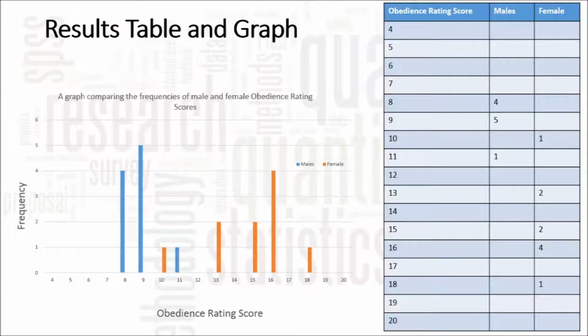We've got females as orange and males as blue, and if you look you can see quite clearly in terms of our data that the females have clearly rated themselves higher on these obedience questionnaire questions than the males, which would probably fit quite well with my hypothesis that I believe that males will perceive themselves to be less obedient than females in certain situations.